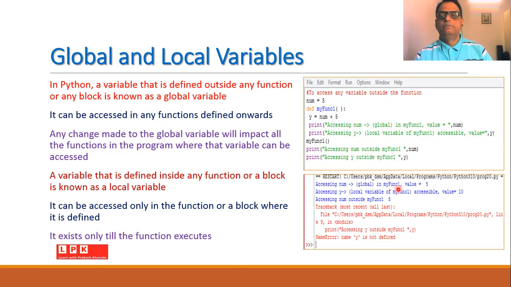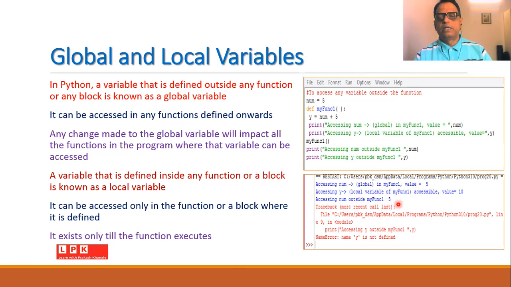When I execute this code, you will get the message, accessing number in my function, value is 5, accessing y, which is a local variable, value is 10. Accessing number outside my function, you will get the value 5.